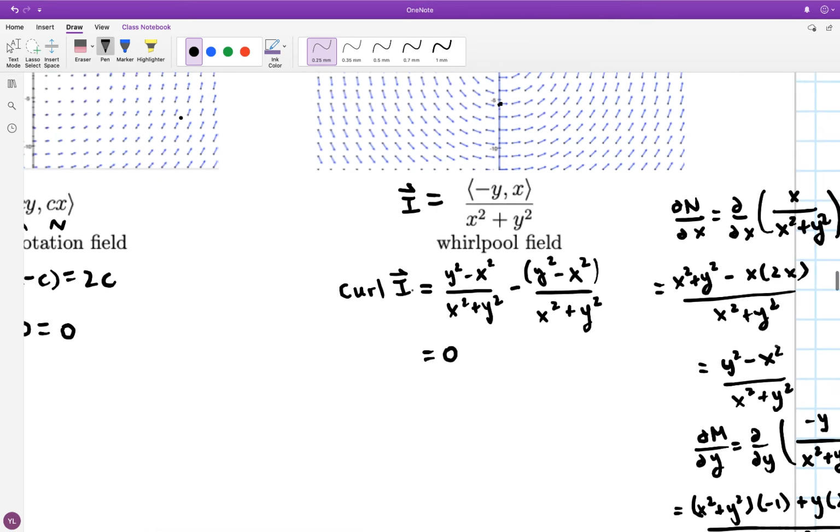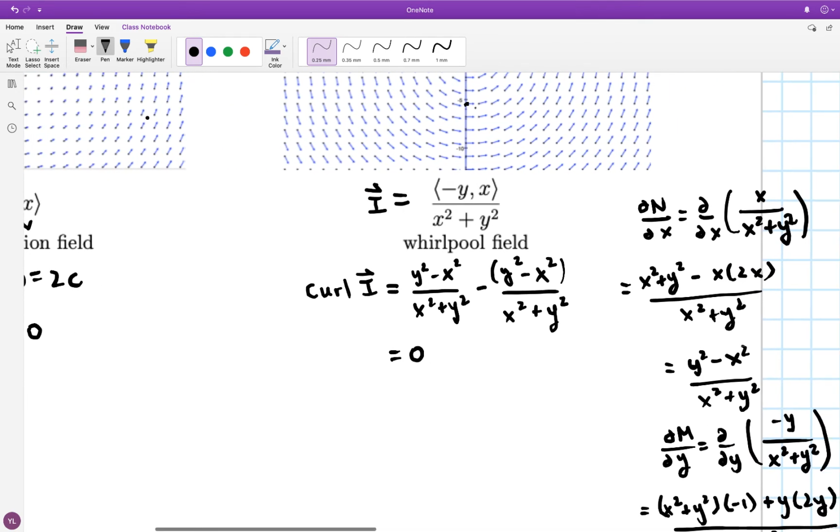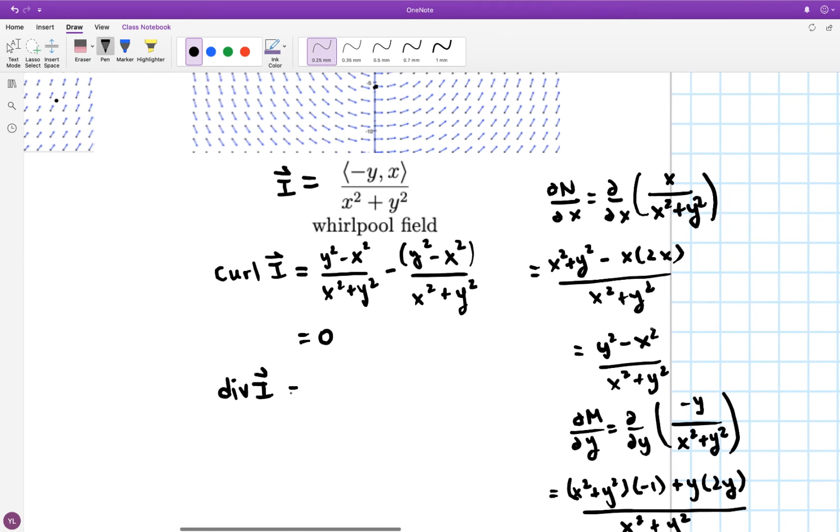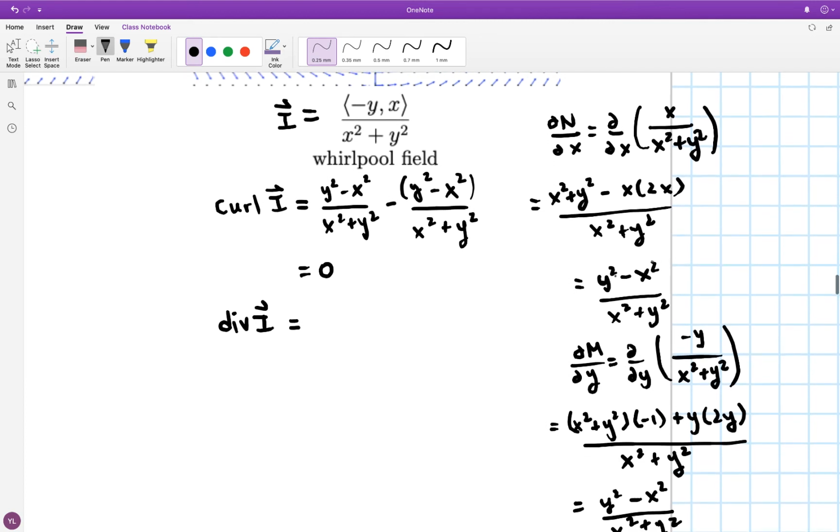Okay, let's do divergence of I. You might want to think about what you expect out of divergence even before you compute it. So I need to do partial of m with respect to x.